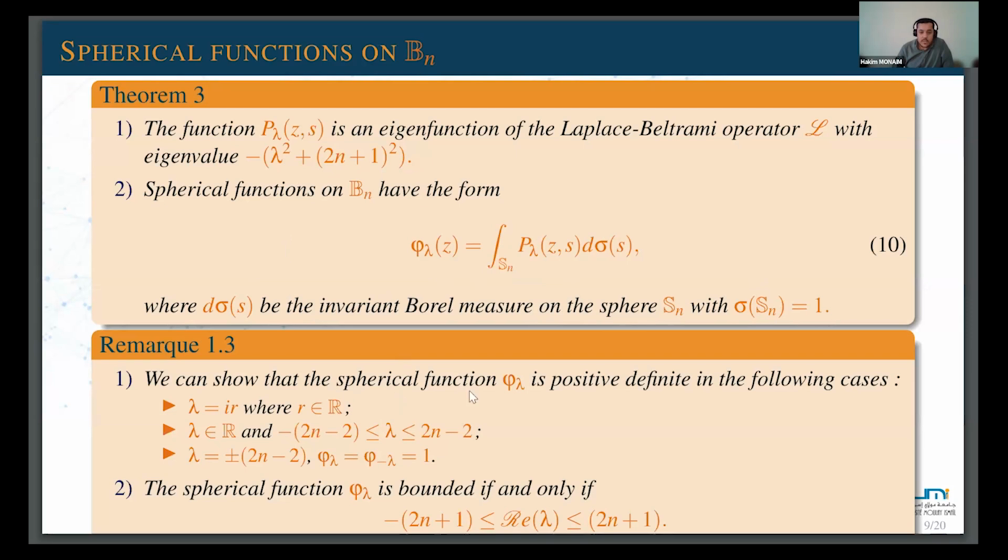We can show the spherical function phi_lambda is positive definite in the following cases: if lambda is i times r, where r is real, or lambda in the real axis between these two values, or lambda is equal to plus or minus n minus 2, and phi_lambda equals phi_minus lambda equals 1. The spherical function phi_lambda is bounded if and only if the real part of lambda is between these two values.